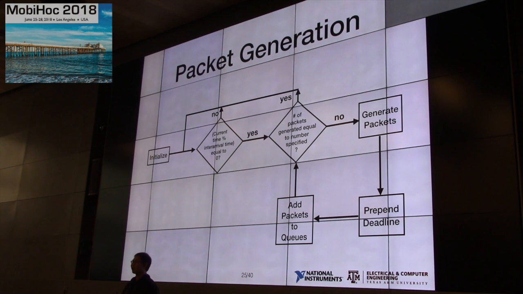So this is slightly different from deterministically every 5 milliseconds a certain number of packets arriving. These are different arrival processes, and this is generated on the platform itself. We can also use UDP ports from other applications to stream packets if you want to run real-time applications on some of the things you want to test on.